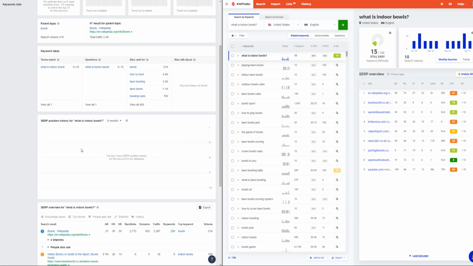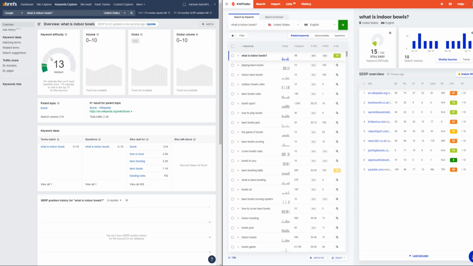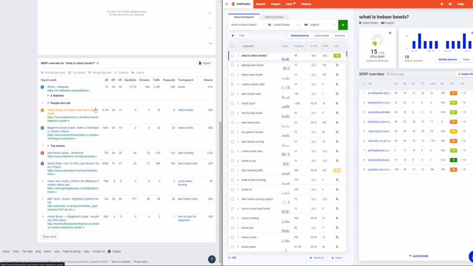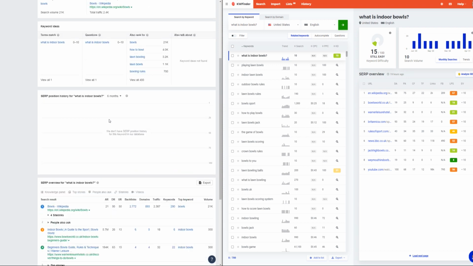But yeah, I suppose that's probably the most on point that we've got from AHRefs so far, in my opinion, especially because there are a lot of beginner guide things, exactly the same as what I said on the other side.